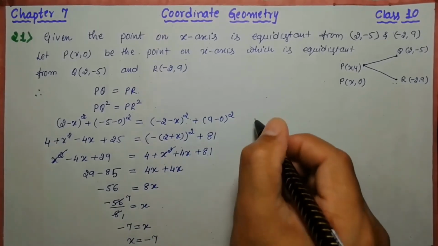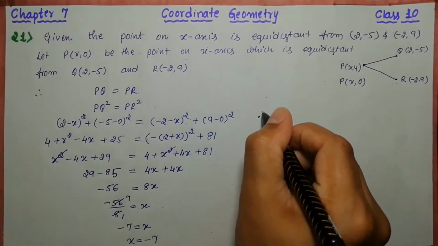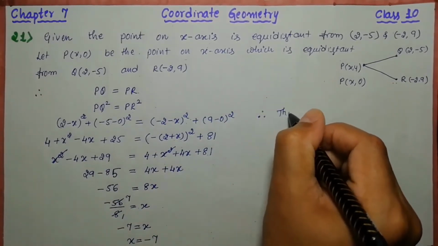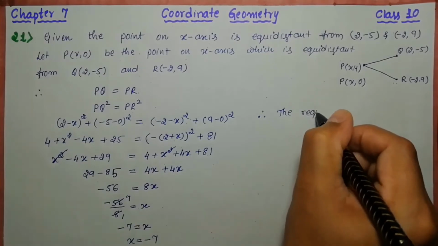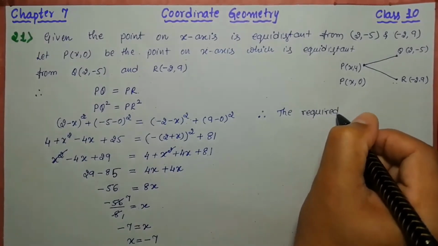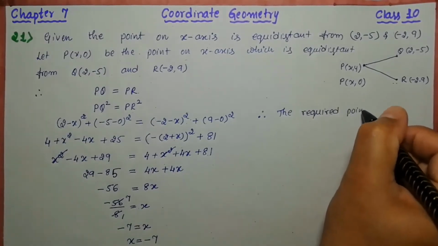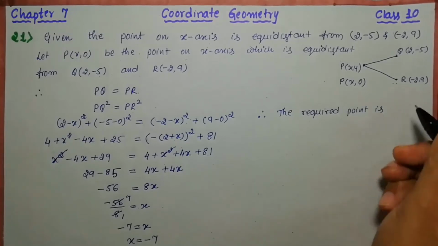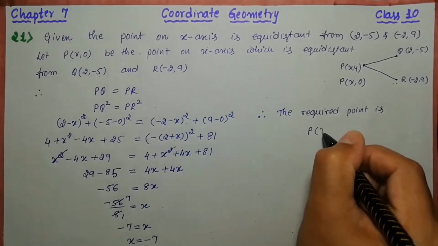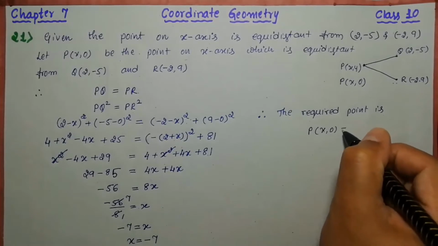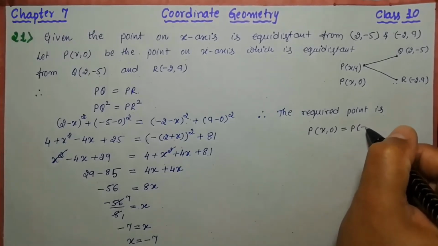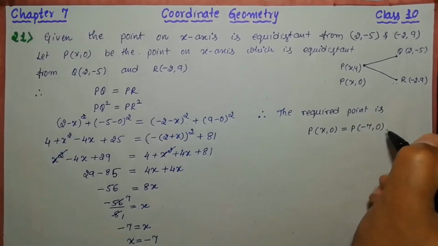Okay, so therefore you can write in the conclusion, therefore the required point is P of x comma 0, which is equal to P of minus 7 comma 0.